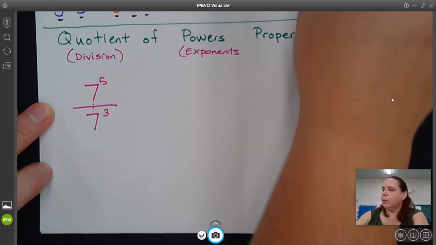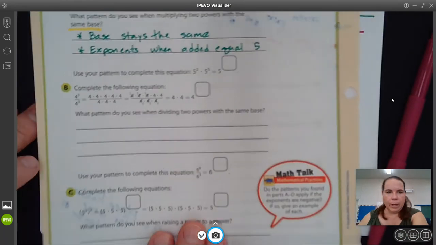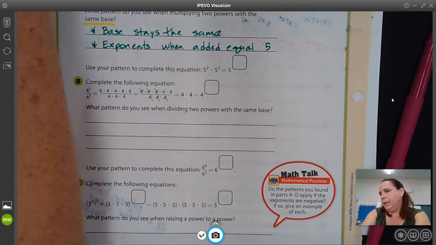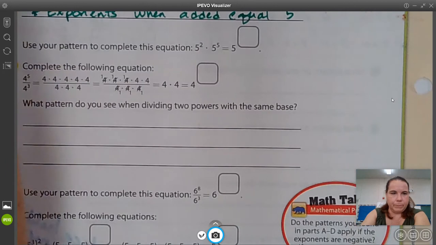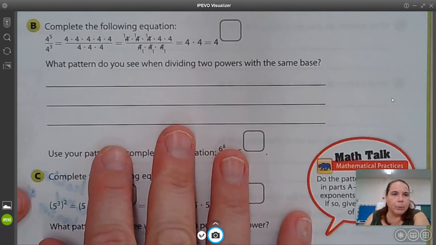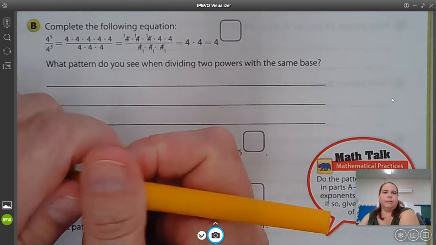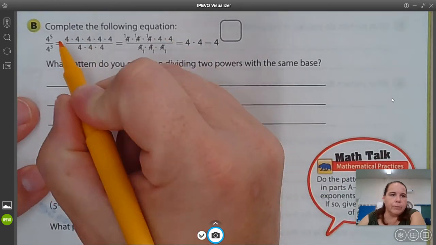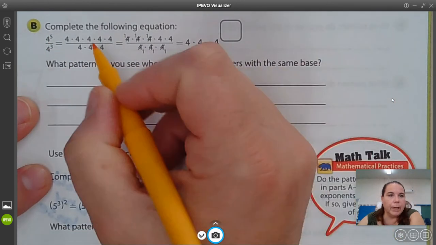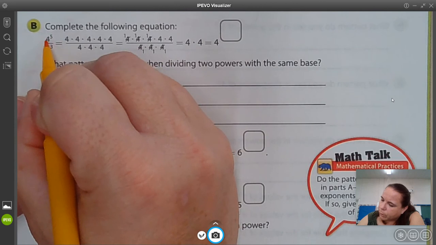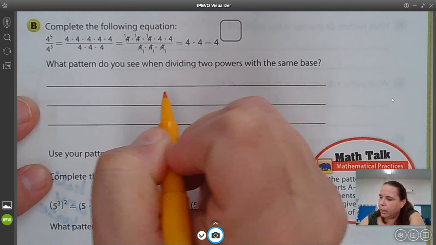Okay, so we're going to switch over to the example from your book and look at that pattern and see what we can learn from that. Right, so we're looking at example B. What they've done here is this is 4 to the 5th divided by 4 to the 3rd. And so they've expanded those values out, okay?